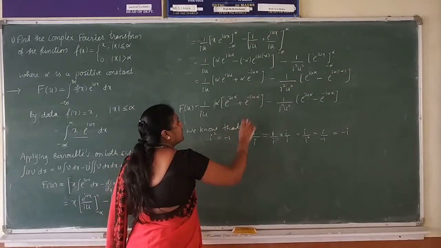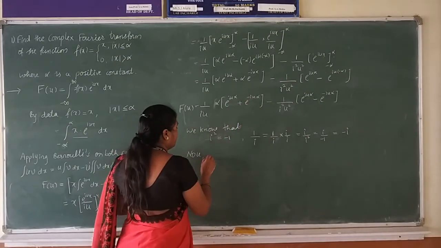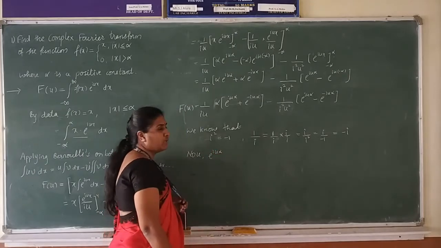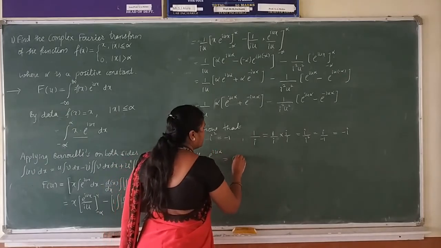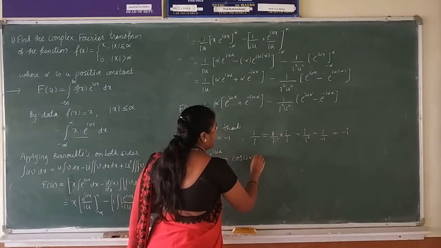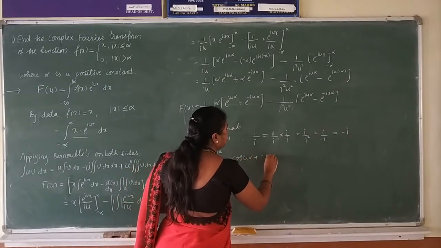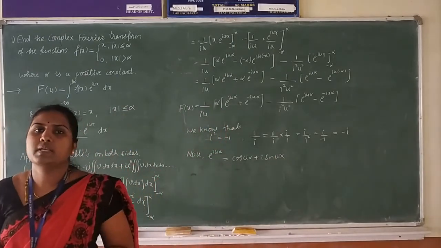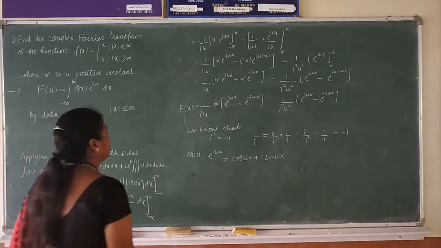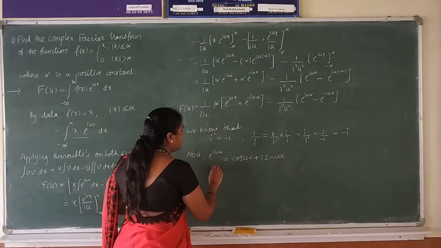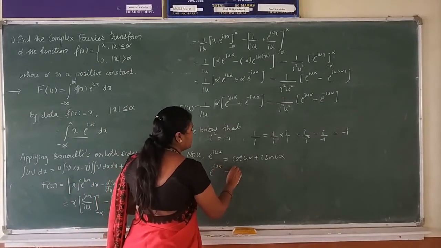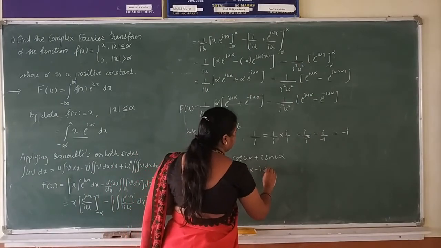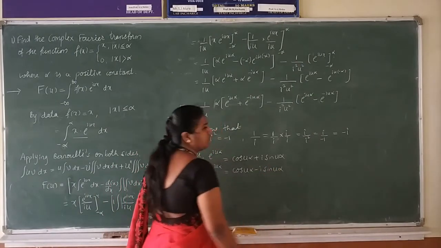Next, you can see there are complex numbers in exponential form. You can write e to the power iu alpha as cos u alpha plus i sin u alpha, and e to the power minus iu alpha equals cos u alpha minus i sin u alpha.